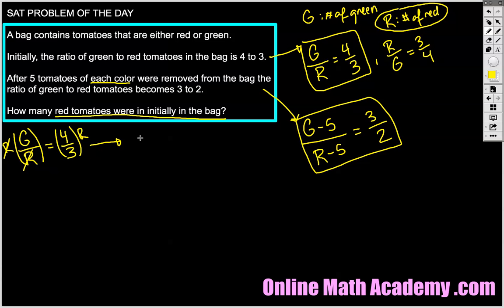And then we get G equals 4R over 3. Okay, now let's look at the second equation we have. We have G minus 5 over R minus 5 is equal to 3 over 2. Why don't we just multiply both sides by R minus 5?